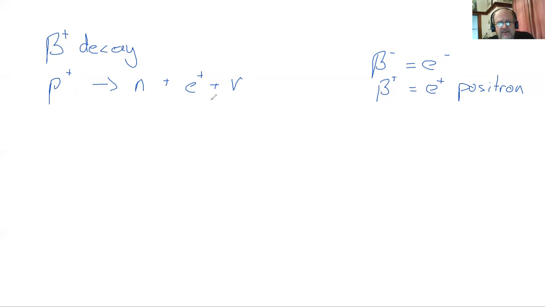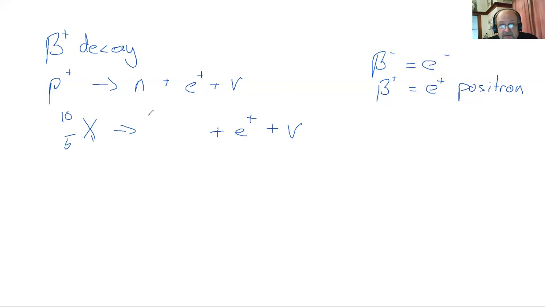So what happens here when we have our mystery element? Let's say we have a mystery element 10, and let's say 5. Remember, when we're doing these equations, the number of nucleons does not change. So what we're going to end up with is an e plus our neutrino.